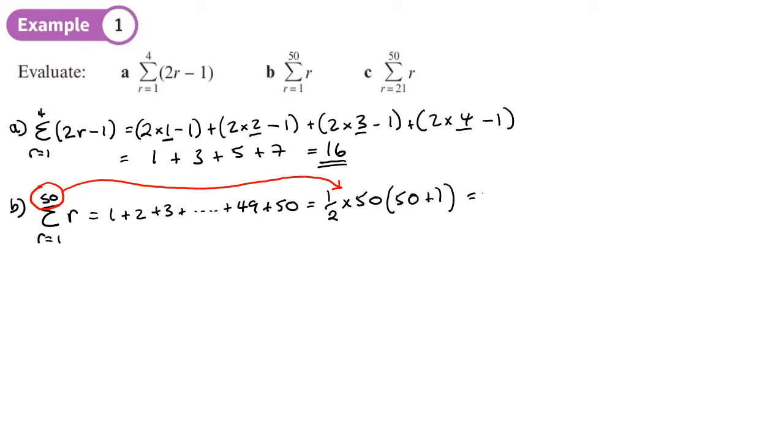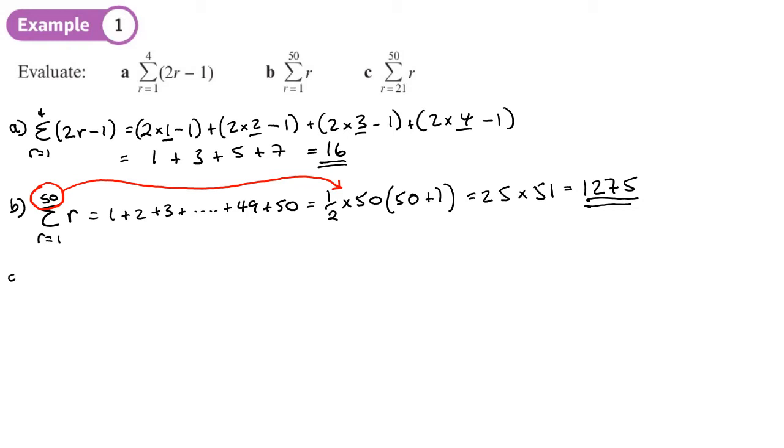So what's that? 25 times 51. If I work that out, 25 times 51, I get 1,275. So if I were to do this manually and do 1 plus 2 plus 3 all the way up to 50, that's the number I get. The formula makes it quicker.